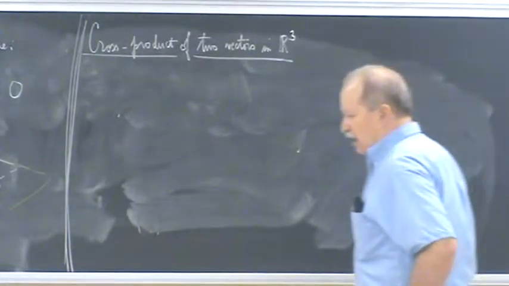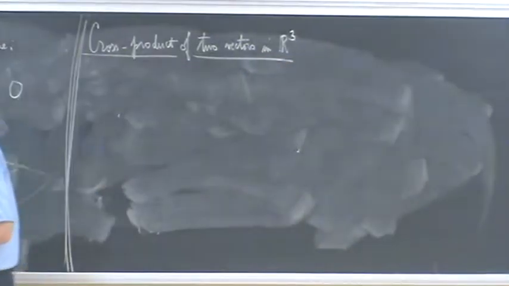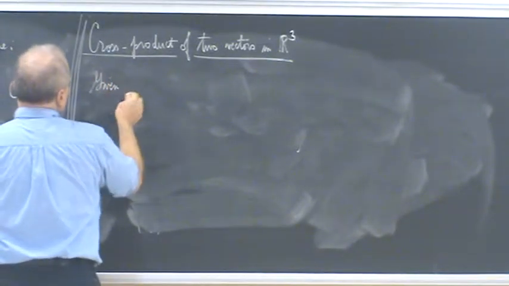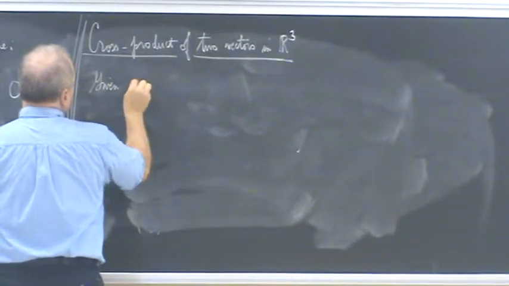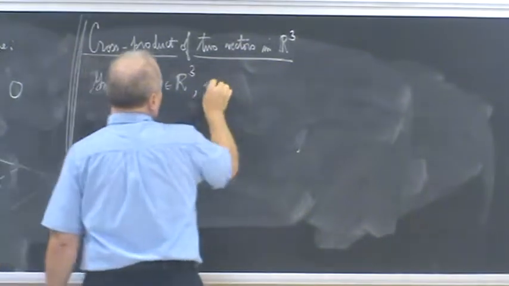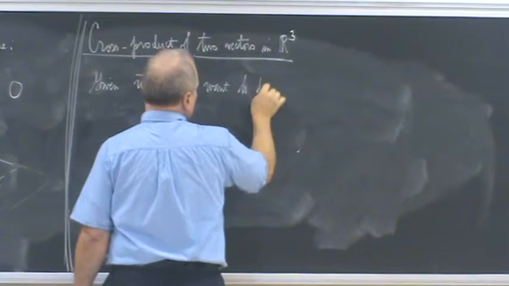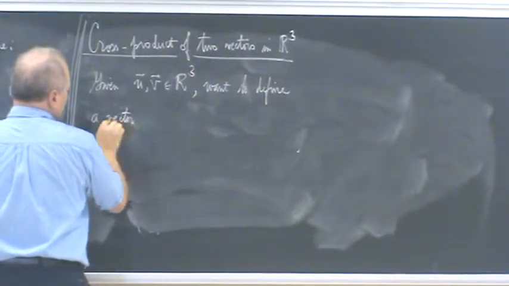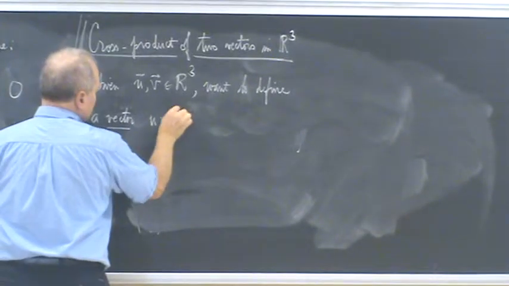I want to take two vectors in R3 and create from them a third vector. So given u and v in R3, I want to define a third vector called the cross product.